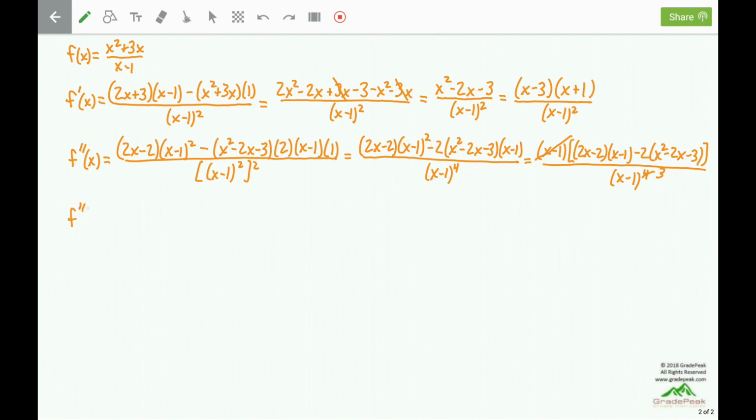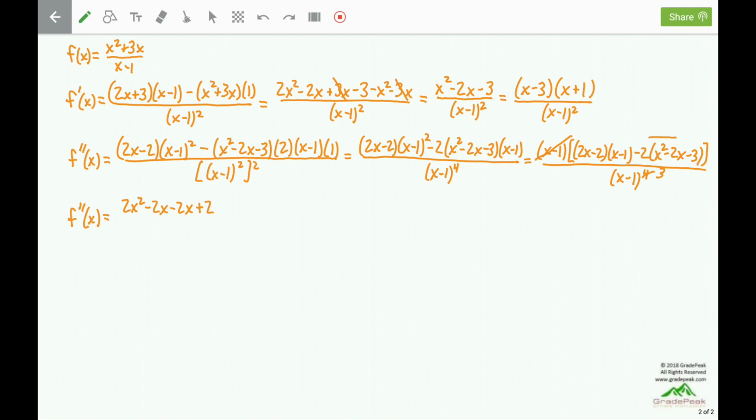So f double prime of x equals, inside the square brackets, we can FOIL out these two expressions, 2x minus 2 times x minus 1. First, 2x times x is 2x squared. Outside, 2x times a negative 1 is a negative 2x. Inside, negative 2 times x is a negative 2x. Last, negative 2 times a negative 1 is a positive 2.